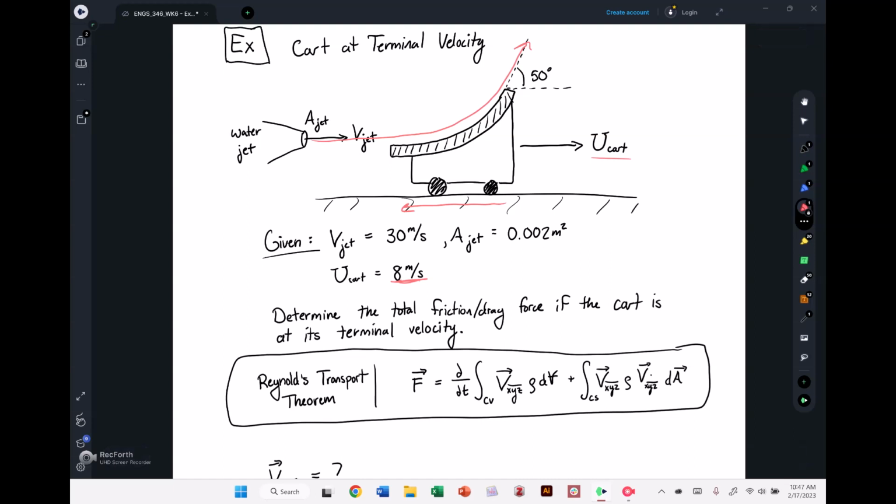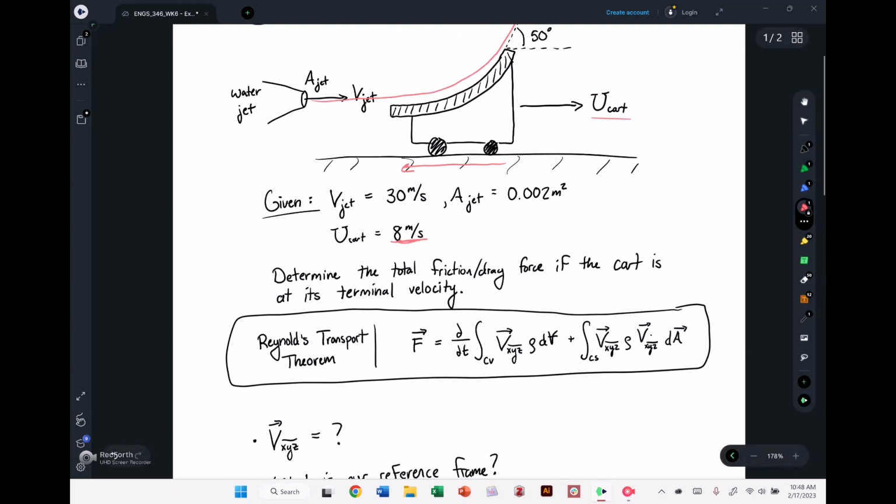So there's going to be some drag force as well from wind resistance. But most of it in this case is going to be from friction. So we're going to assume that this cart is at its terminal velocity, so it's moving at a constant velocity.